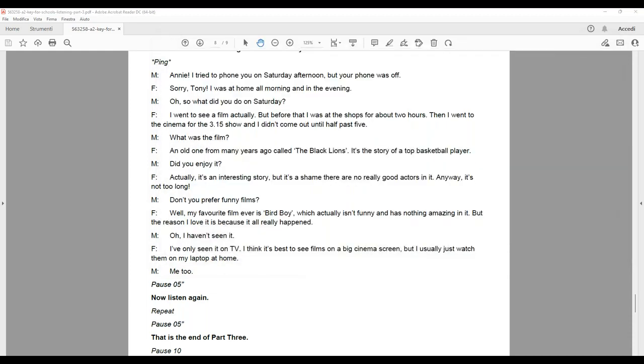Now look at part 3. For each question, choose the correct answer. Look at questions 11 to 15 now.